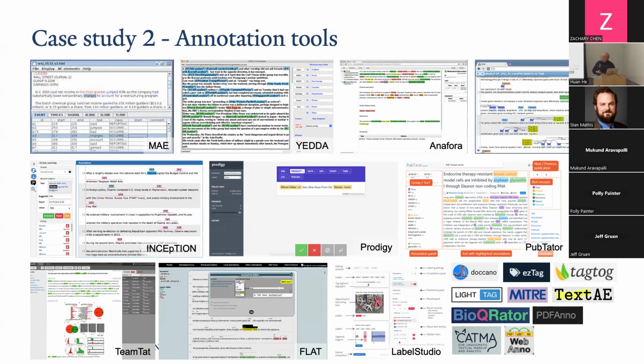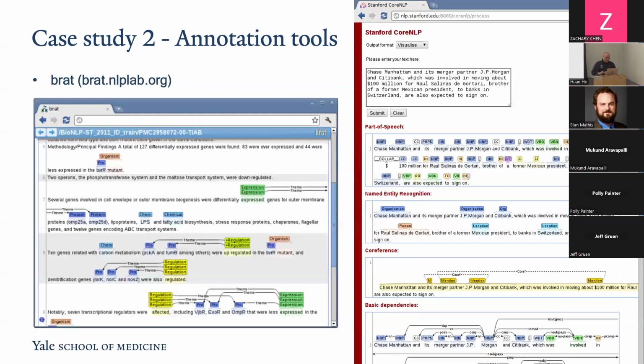Most of them provide basic visualization to show the annotated corpus, like MAE or YEDDA, so you can show highlighted tags and identify which part is annotated. The most popular one is called BRAT, and it gives you a very nice looking visualization of the annotated corpus, and also shows the links between different entities and events, and the attributes. But that also makes the visualization look quite complex.